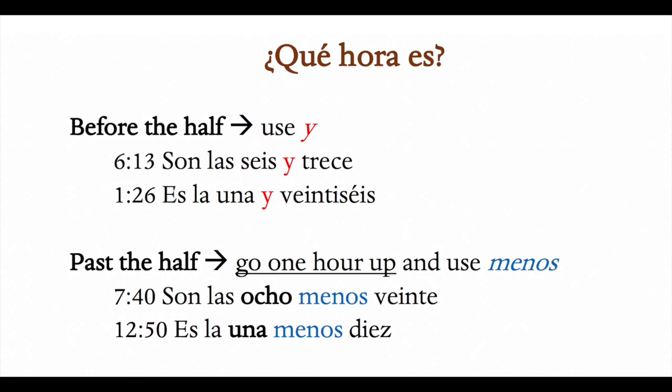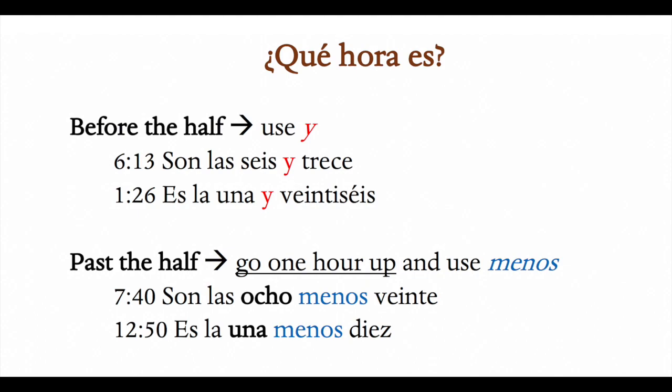And then we're going to say menos and the number of minutes left until the top of the hour, in this case 20 minutes. So 7:40, we would say son las ocho menos veinte, because it's 20 minutes left before the top of the hour.